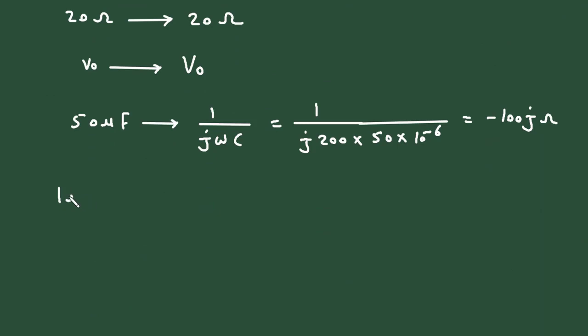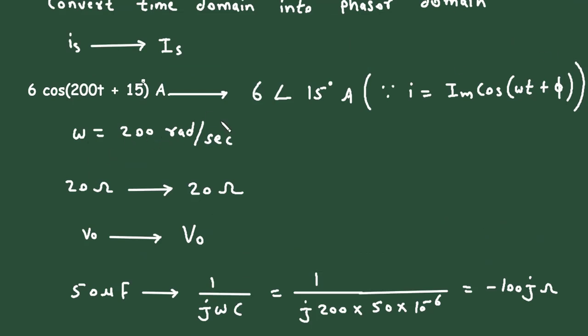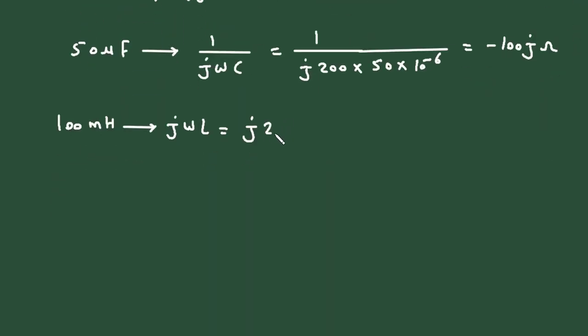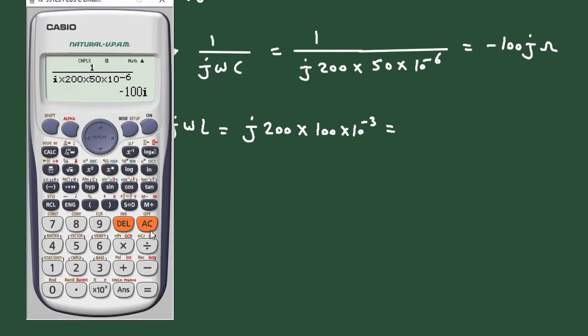Then next 100 millihenry will change to j omega L. So j into 200 into 100 into 10 to the power minus 3.